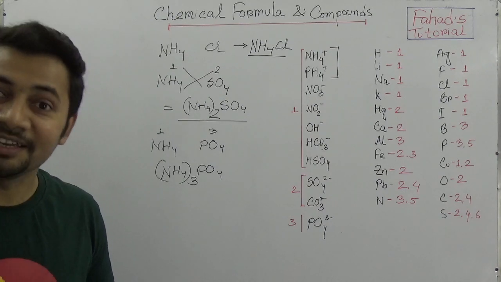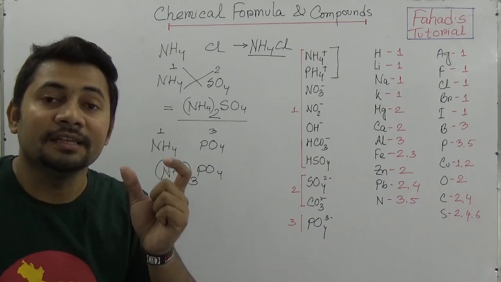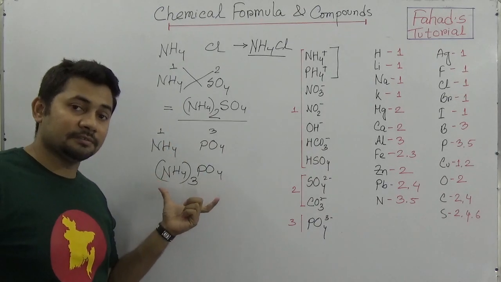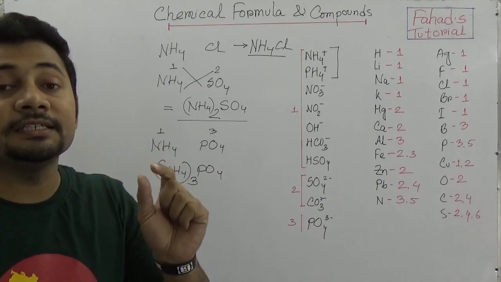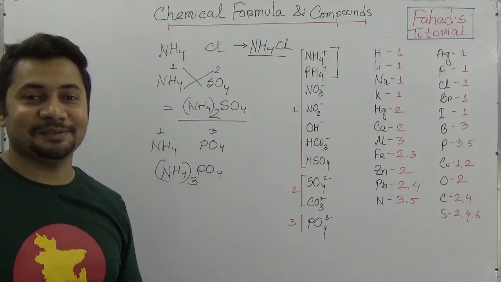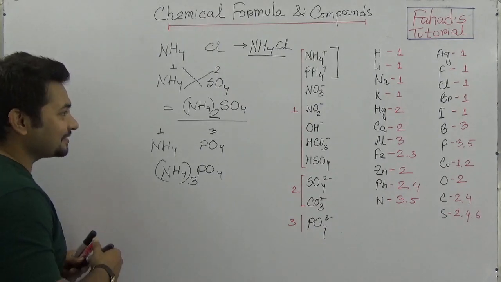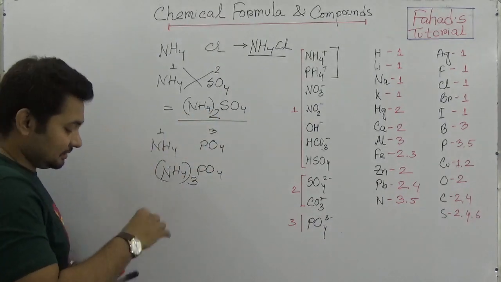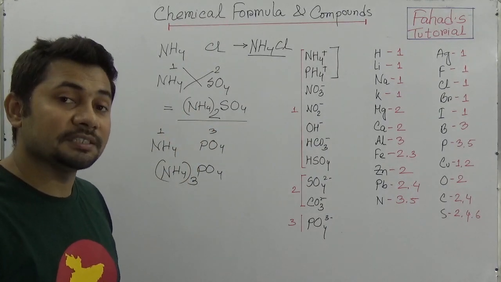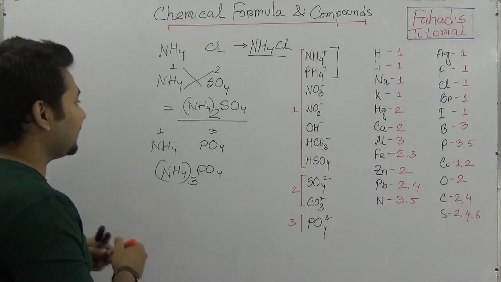Now very interestingly, if the question is asked how many atoms are there in these compounds, if the question is finding the atom number from these compounds, then we need to calculate something. Now you see in these compounds how many nitrogen and hydrogen are inside.